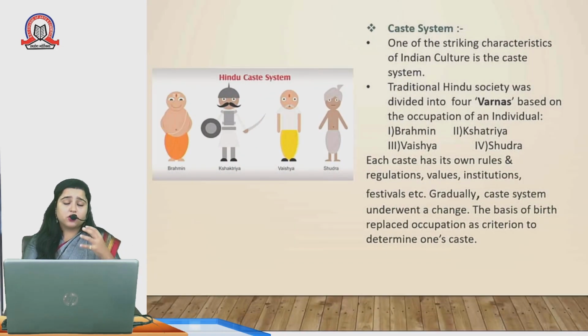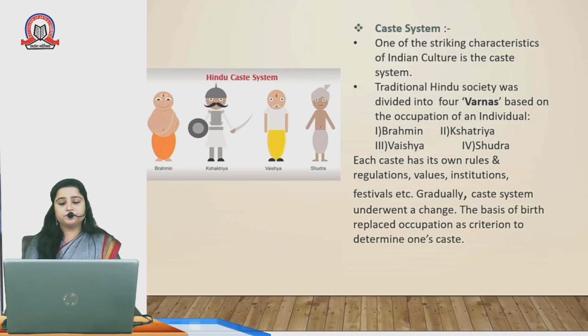The traditional caste system was different, where we used to divide individuals on the basis of occupation into 4 varnas, which we have discussed. But now gradually the caste system has changed. Now the varnas have been replaced by birth. On the basis of birth, the individual is given the caste.